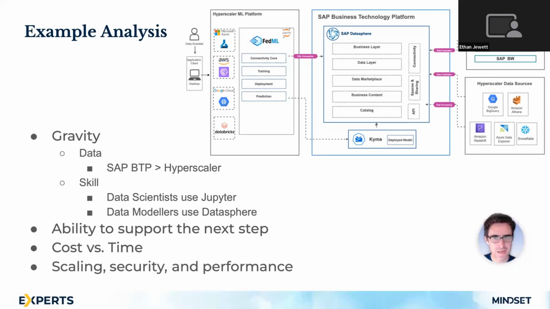So that covers most of what I wanted to talk about today. Again, I want to encourage people to take a look at the joint reference architectures. They are available on SAP's websites and also on many of the hyperscaler websites, focused on how to integrate with SAP.